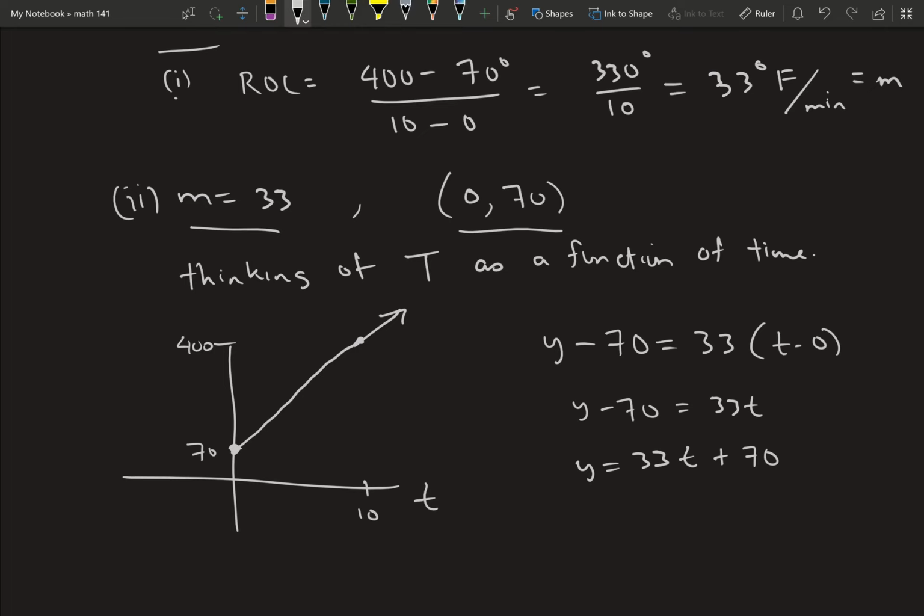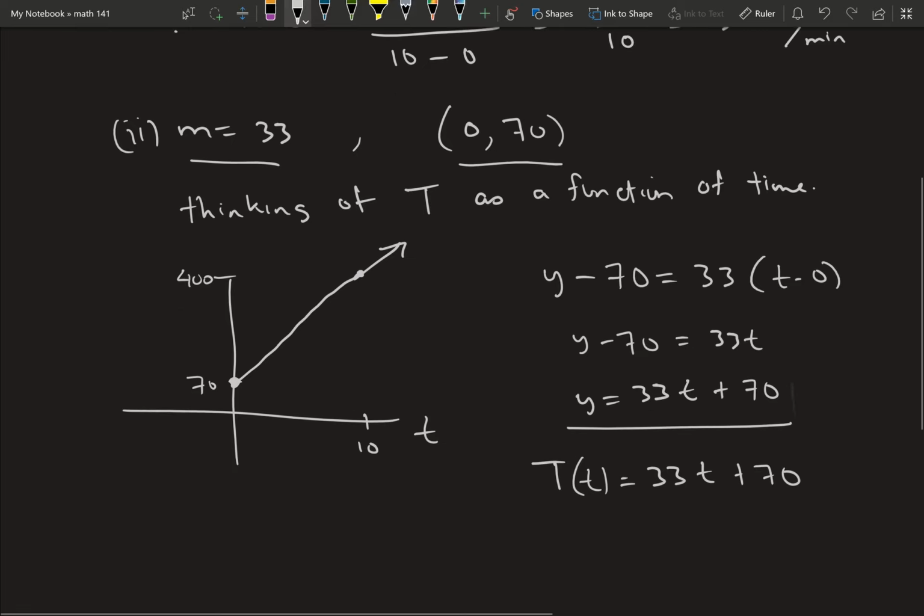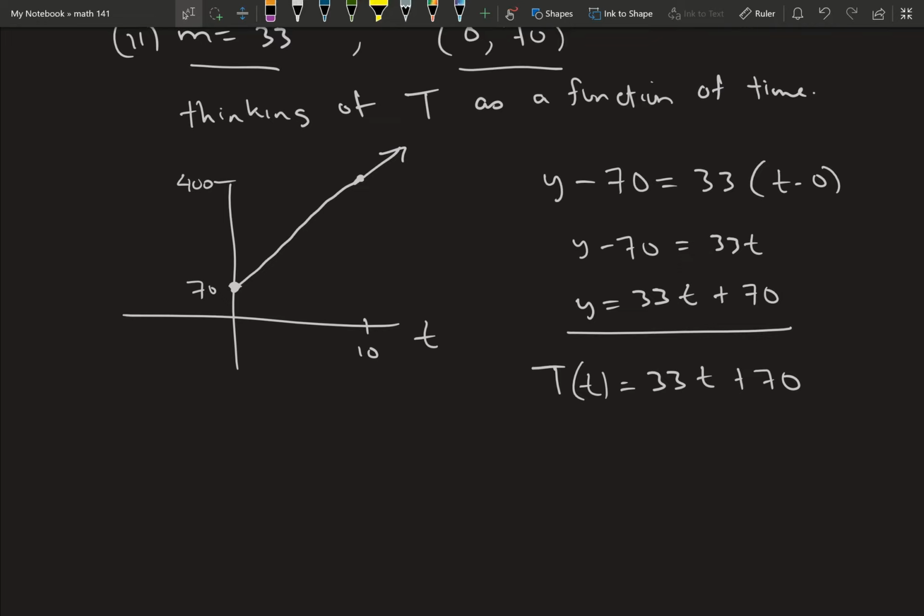And this is going to help us to get the exact time when we reach 500 degrees. So now I'm going to rewrite this as the temperature at time t is 33t plus 70. What we want to find is how much time it takes to reach 500 degrees. So I need to get the temperature to be 500 degrees, and I want to solve for time.